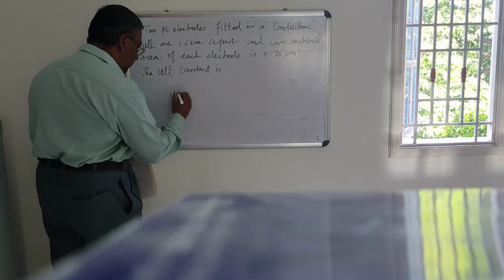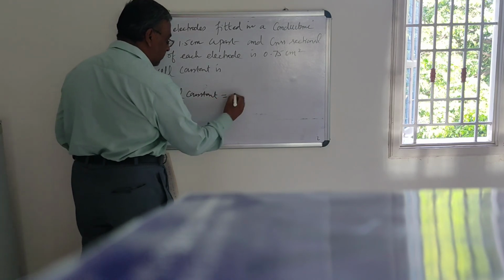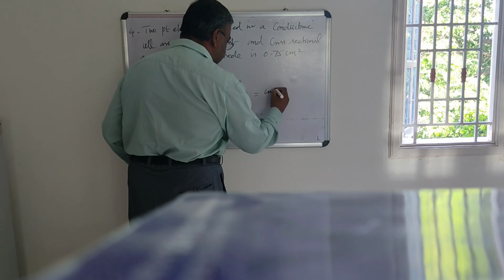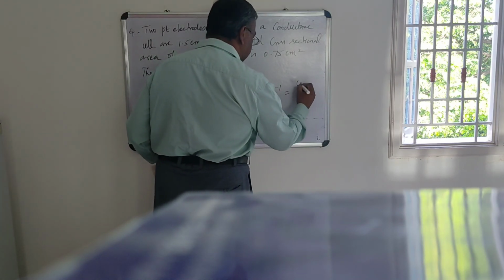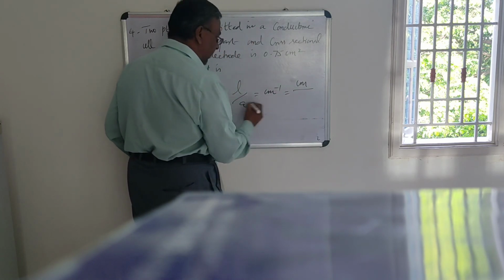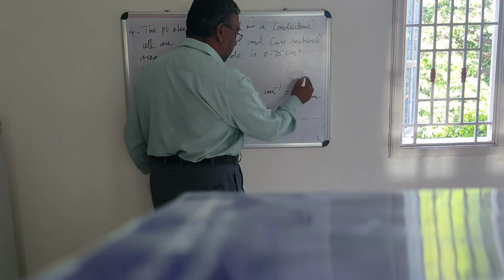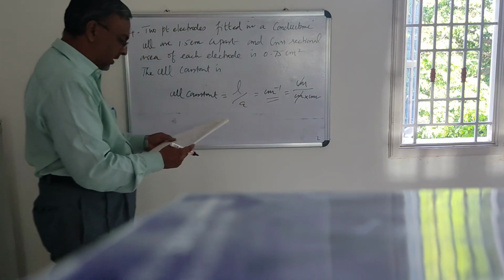Cell constant is equal to L by A. It is centimeter inverse, because length is given in centimeter and area of cross section is given in centimeter square, so we get centimeter minus 1.